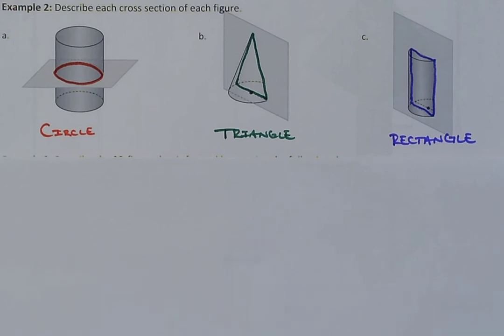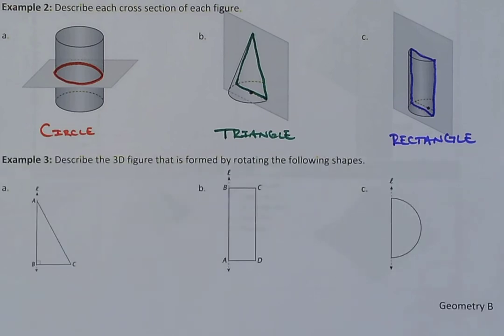We've talked about nets, we've talked about cross sections. There's just one last thing that I want to talk to you about for this set of notes. And that is example 3, where they want us to go through and describe the 3D figure that is formed by rotating the following shapes.